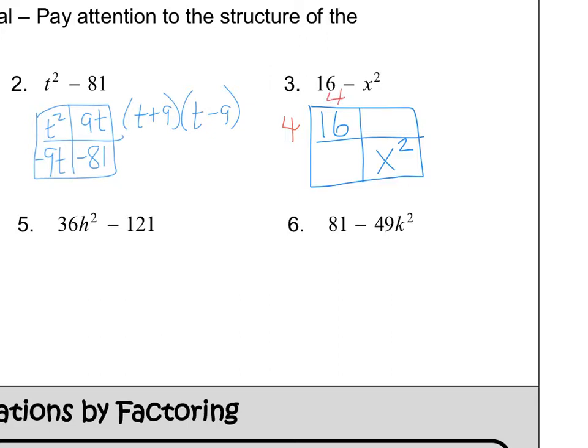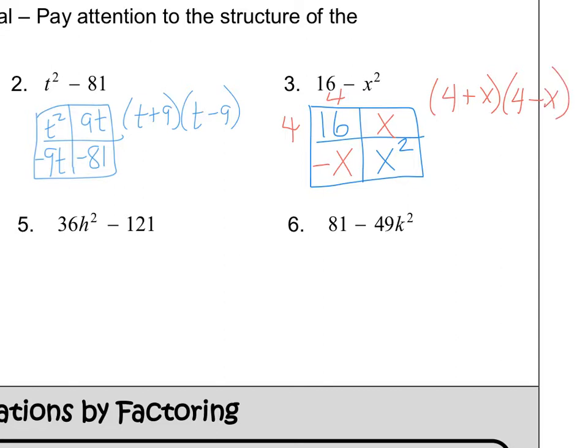For my x squared, to get to a 0 in the middle, it's going to be x and negative x. So my answer is 4 plus x and 4 minus x.